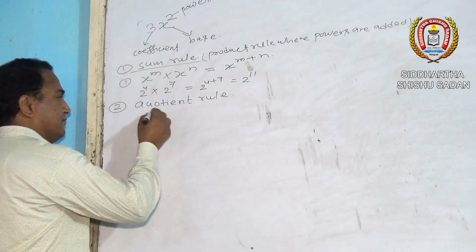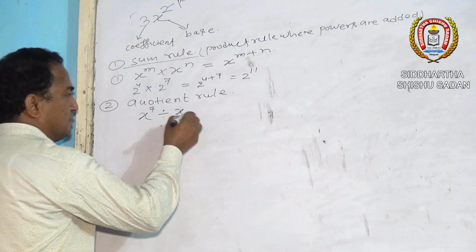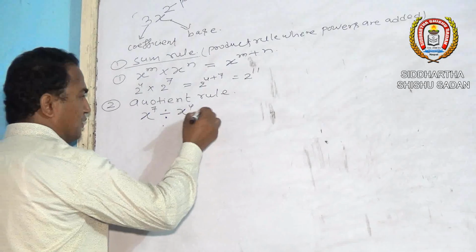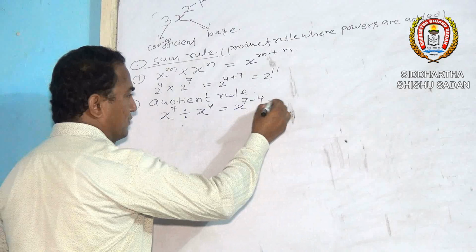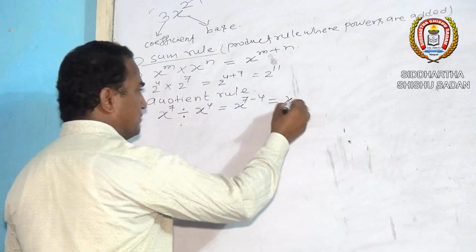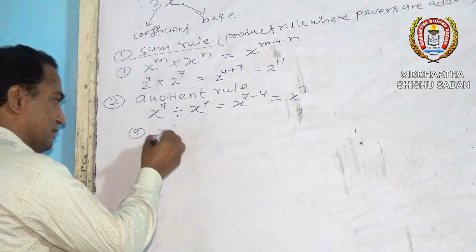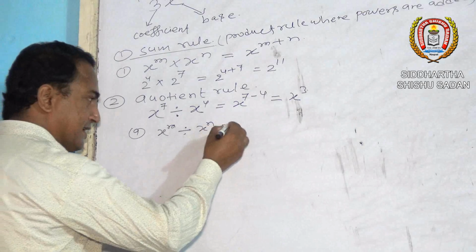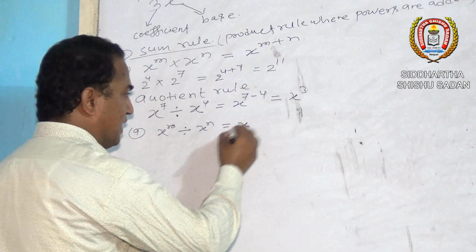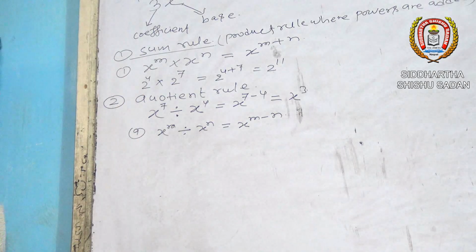X to the power 7 divided by x to the power 4 is equal to x to the power 7 minus 4, that is x to the power 3. It means the rule x to the power m divided by x to the power n is equal to x to the power m minus n.